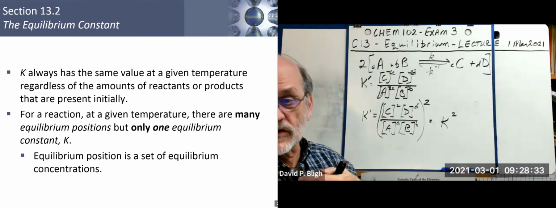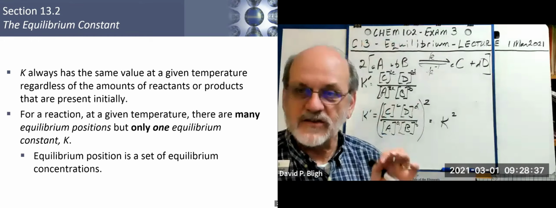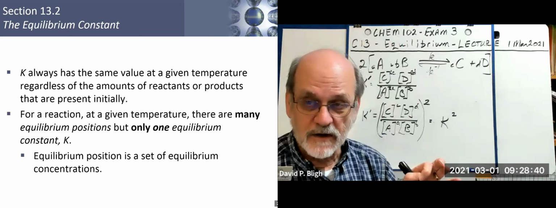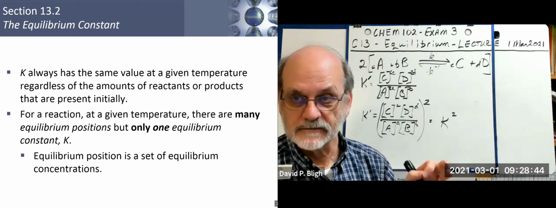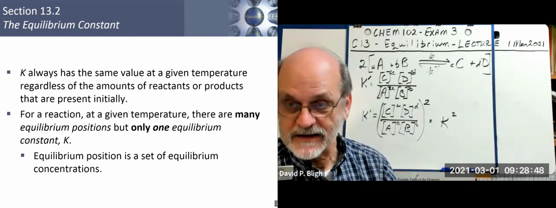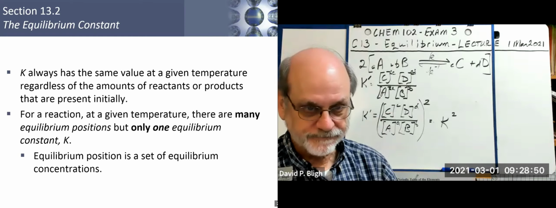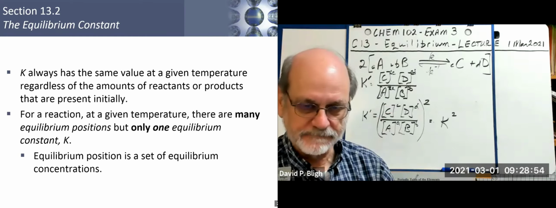The only other thing you can do is change the temperature. If you change the temperature, we learned from chapter 12 that changes the reaction rates. So now you've got to reestablish equilibrium at a different reaction rate. So the K does change with temperature.